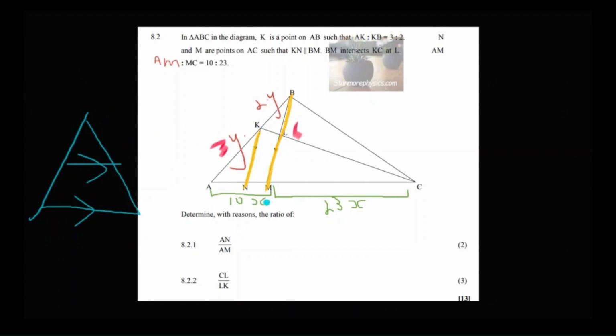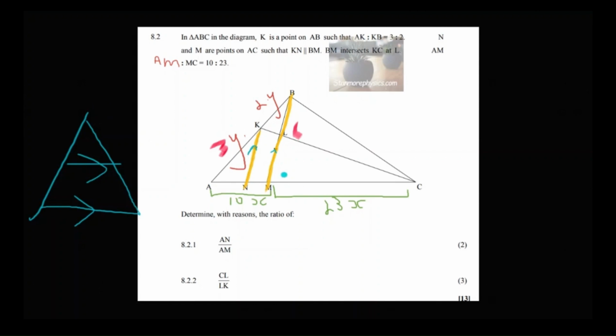Please remember that since KN is parallel to BM, KN will also be parallel to LM, because LM is a part of BM. Right. So now let's go back and identify the different triangles in this diagram.